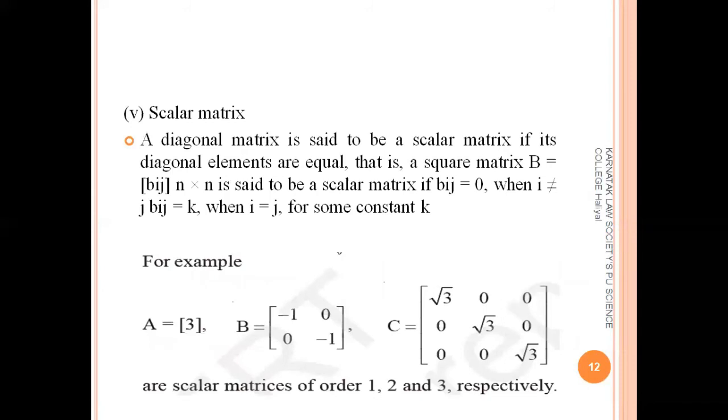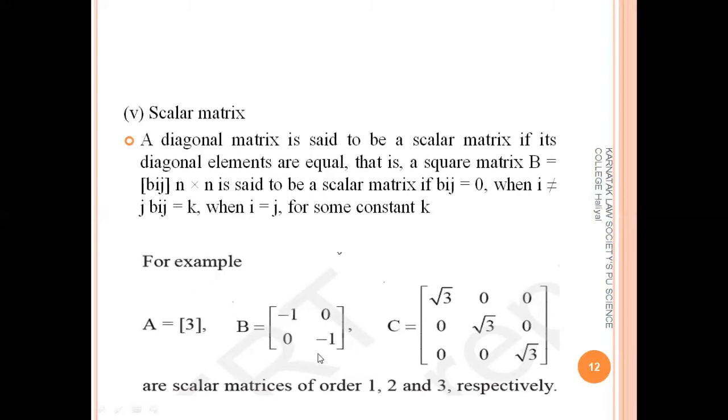Fifth one is the scalar matrix. A diagonal matrix is said to be a scalar matrix if its diagonal elements are equal. That is, a square matrix B equals Bij, n cross n is said to be a scalar matrix if Bij equals 0 when i does not equal j, and Bij equals k when i equals j, for some constant k.